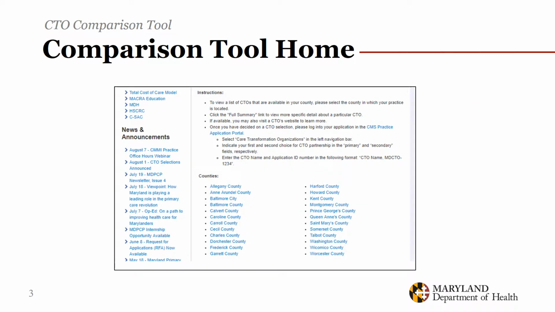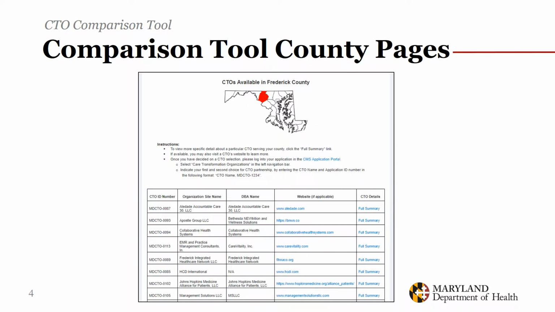On the main tool page, you'll see a set of instructions and then a list of counties. As you would expect, you simply click the county that your practice is located in, and that will then take you to a county-specific page where you'll see a table of all the CTOs that are available in your county.